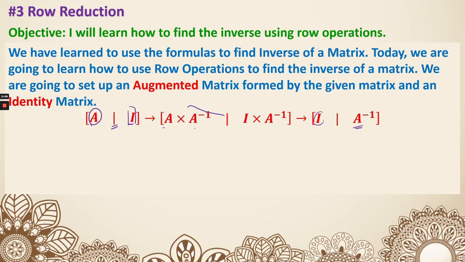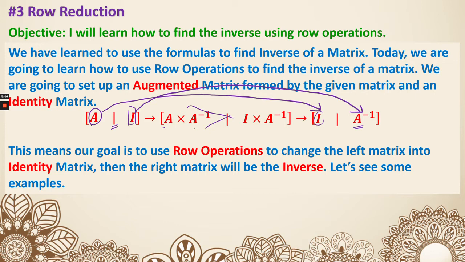So without looking at the middle part, it is basically changing the matrix into the identity matrix, then the identity matrix would automatically change into the inverse. In words, this means our goal is to use the row operations to change the left matrix into the identity matrix. Then the right matrix will be the inverse.